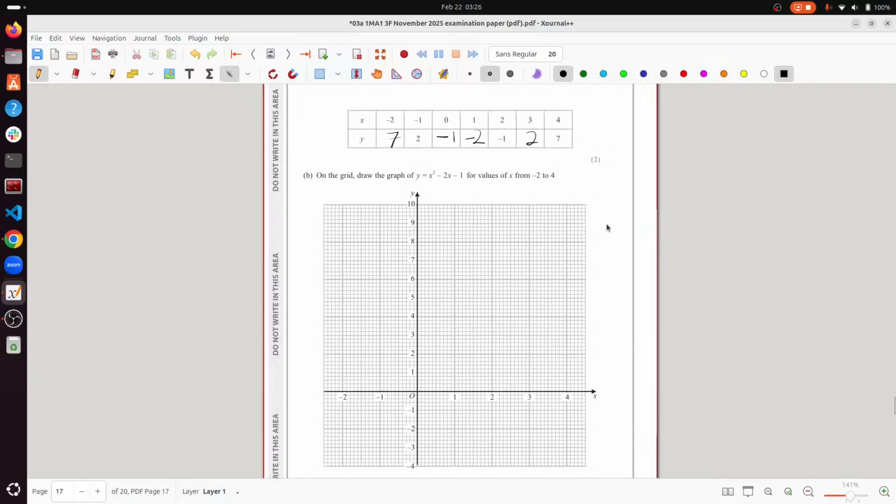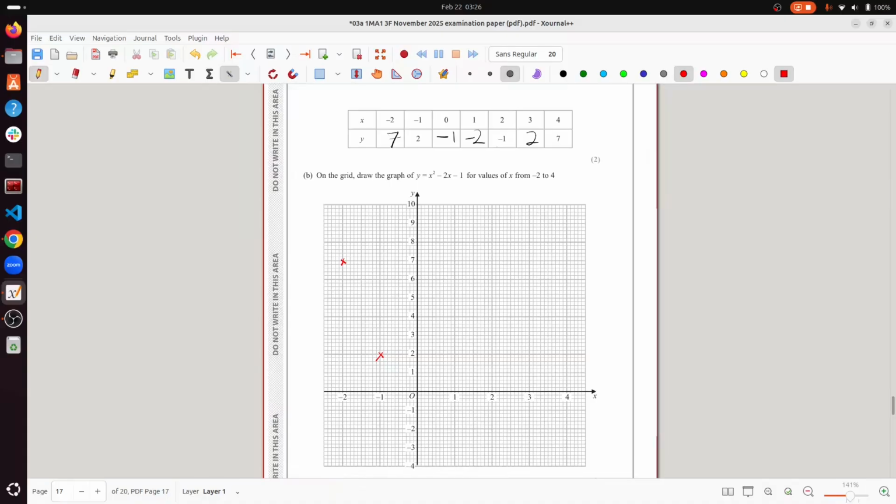So I'm going to use a red pen now so that it stands out. When the value of my x is minus 2, the value of my y is 7. So we have a point there. When the value of my x is minus 1, the value of my y is 2. We have another point there.